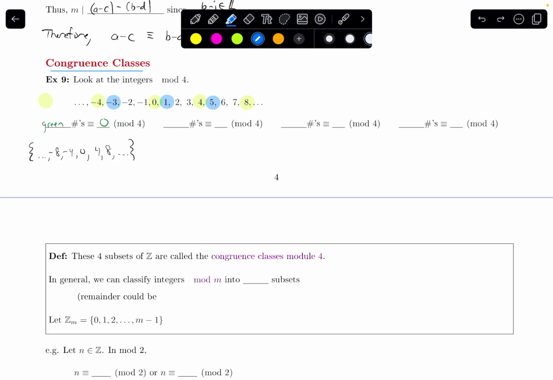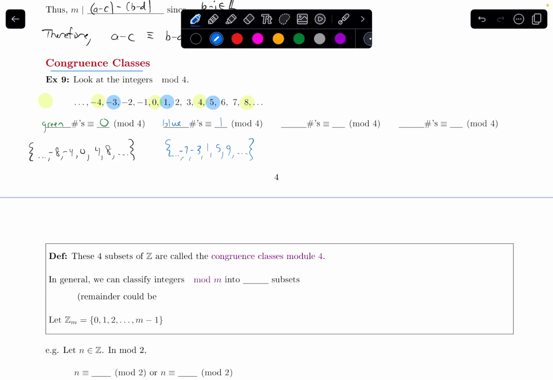These blue numbers all have the same remainder as one another when divided by 4. They are all congruent to 1 mod 4. So these are numbers like 1, 5, 9, comma, ..., and also -3 and -7.